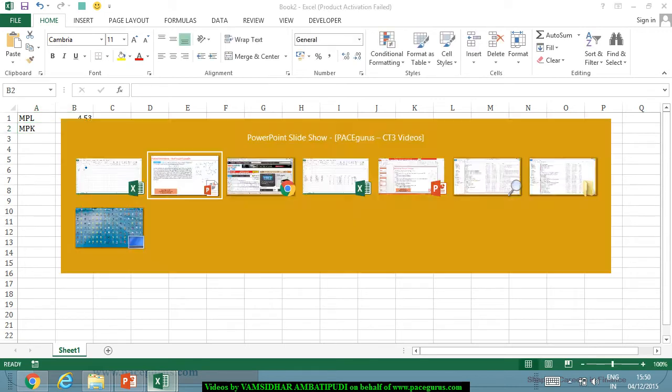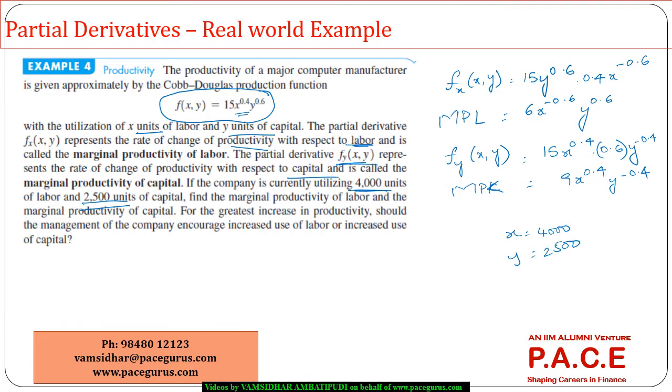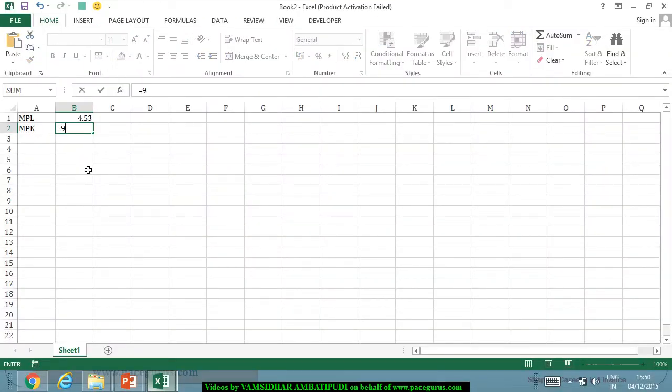And marginal productivity of capital works out to 9 times x to the power of 0.4 into y to the power of minus 0.4. So this is around 10.86.